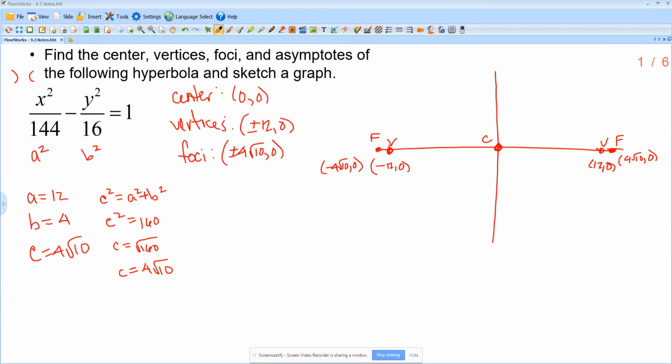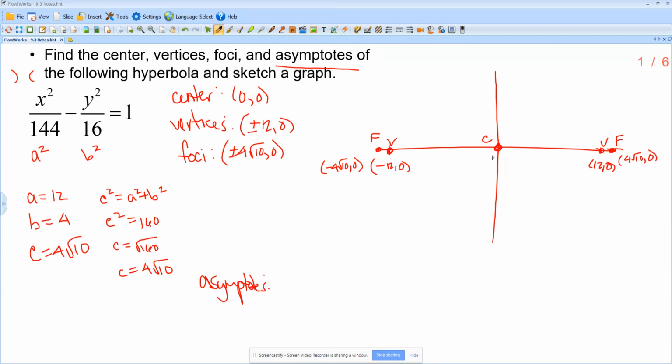Now, you do not just draw any hyperbola going through here because we do have some specifics that we know about this hyperbola, and that comes from the asymptotes. So first, if we're just going to list the asymptotes, we're going to be using the equation.